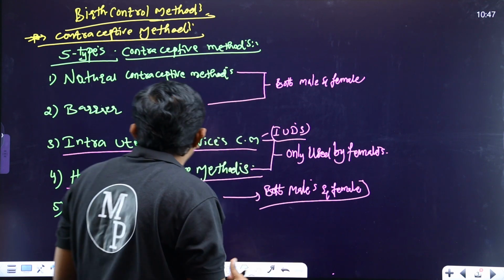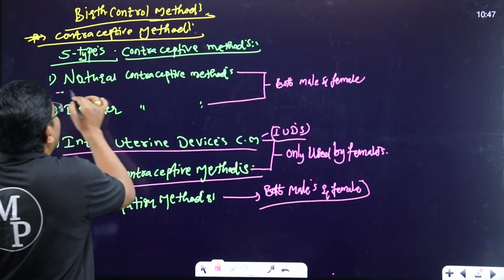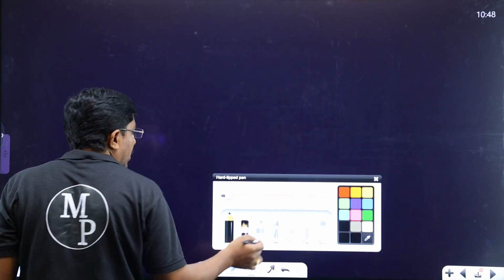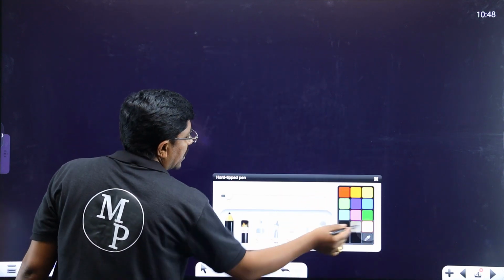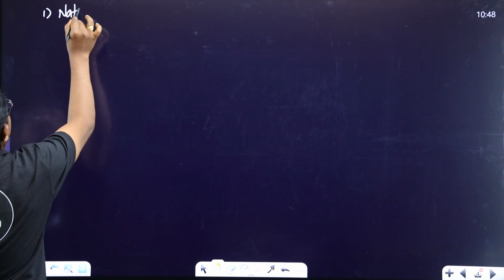Now we will discuss all these contraceptive methods one by one. First, we start our discussion with natural methods. What are the natural methods here?